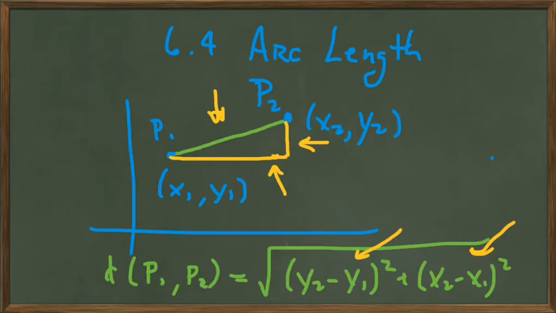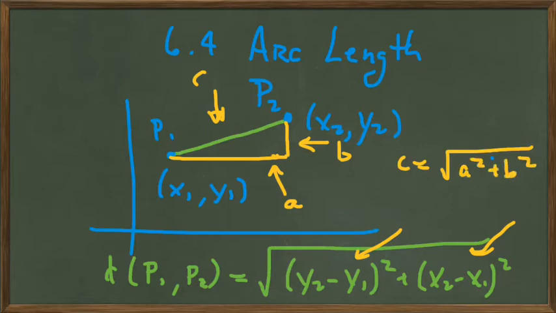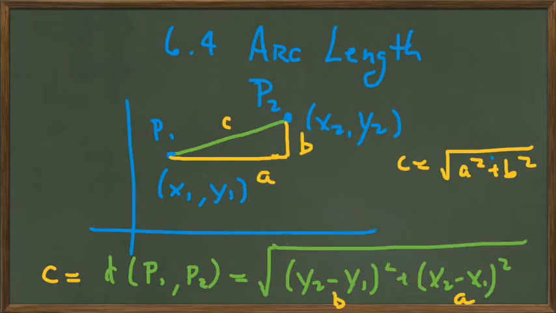So if this leg is labeled A, this is labeled B, this is labeled C, then we're just using the Pythagorean theorem to say that C is A squared plus B squared. Take the square root of that. So we're going to extend this distance formula to see how it can be used to find the lengths of curves. So let's do that on the next blackboard.